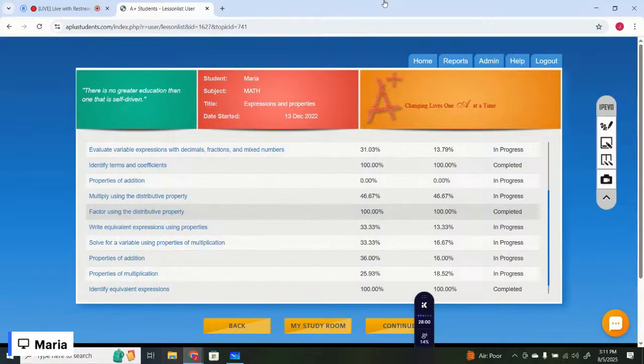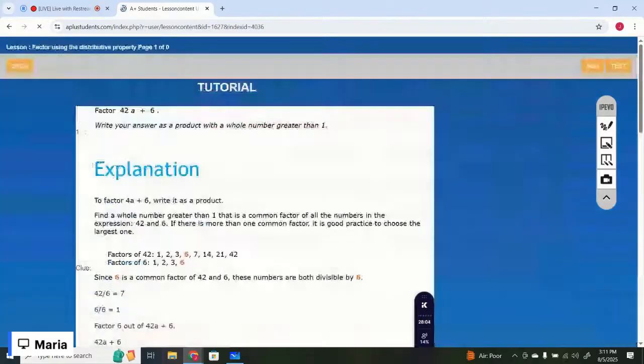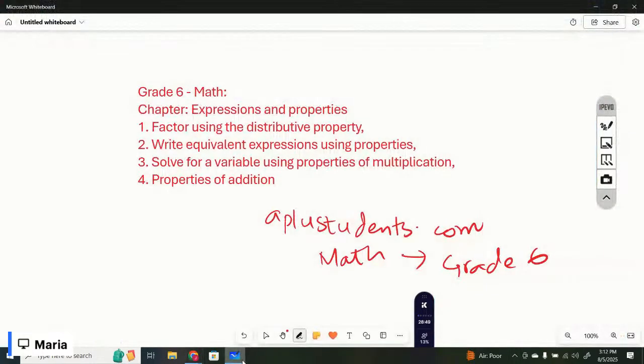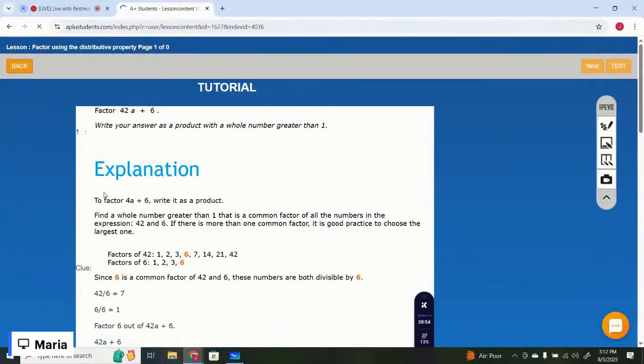Factor using the distributive property. Just did this lesson, factor using the distributive property.